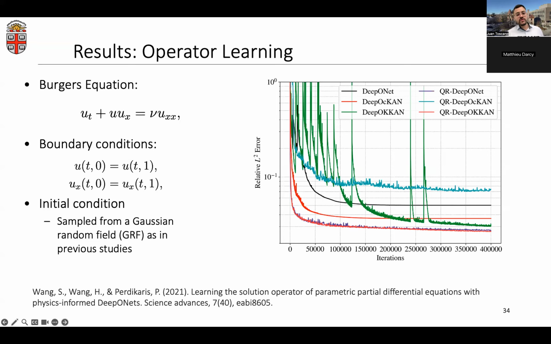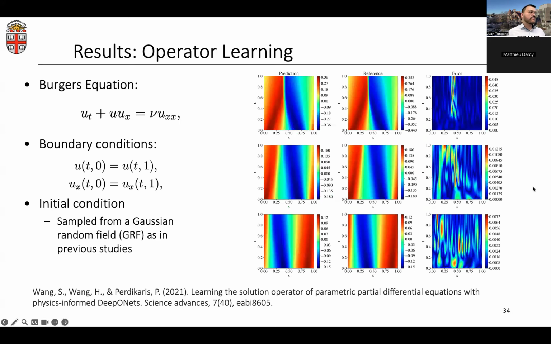But you see that when you do this QR DeepONet with the two-stage training, which is an enhancement and optimization for DeepONets, it improves the performance of all the models, but it does not improve the performance of CKANs. This indicates that maybe this architecture is sensitive because it's a bit disruptive, so it's kind of hard to apply all these tricks. And this would be an example for three representative cases.